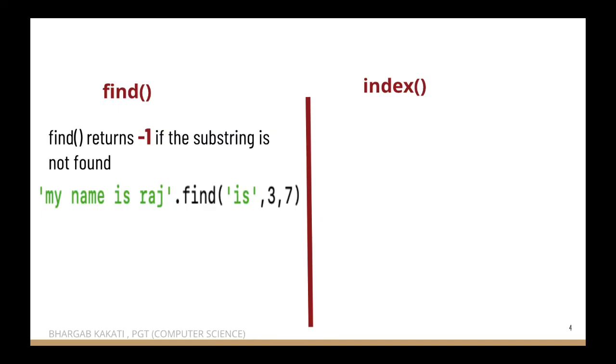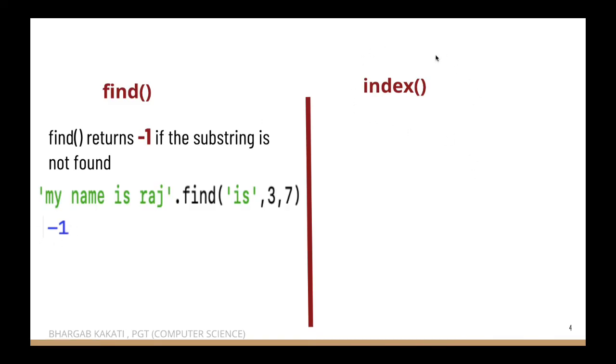For example, if I write my name is Raj dot find is comma 3 comma 7, within the index 3 and 6, is the substring present? Let's see, 0 1 2 3, that means searching will start from n, 4 5 6, it will end here. So between n and e, is the substring present? It's not present, therefore it will return -1.